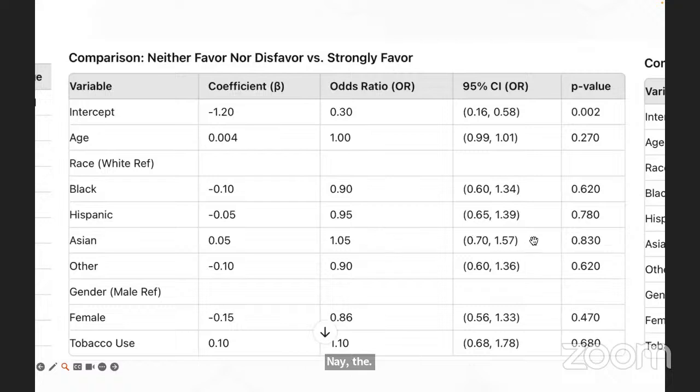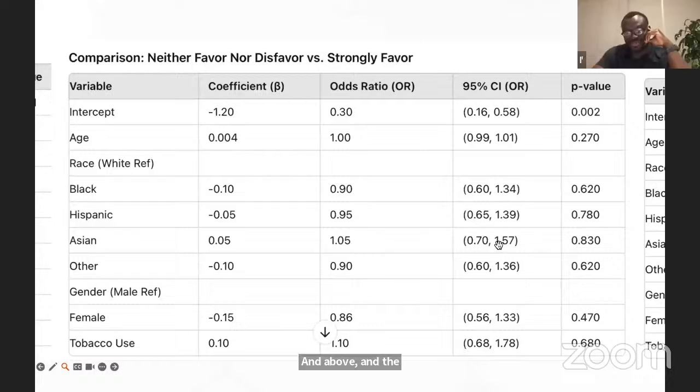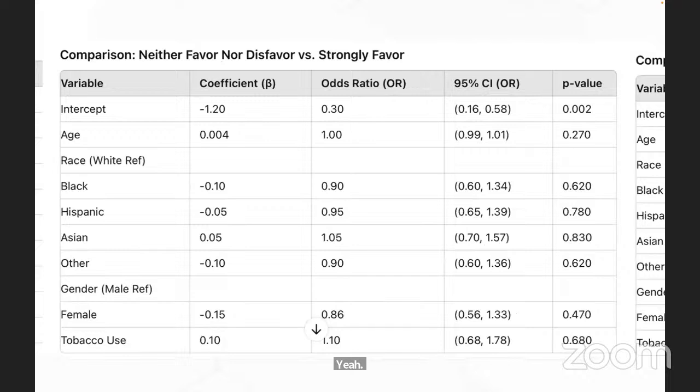And the result is not statistically significant because the confidence interval contains 1, and the p-value is greater than 0.05. Excellent job. So the confidence interval is not higher than 1, but rather it contains 1. You did well.